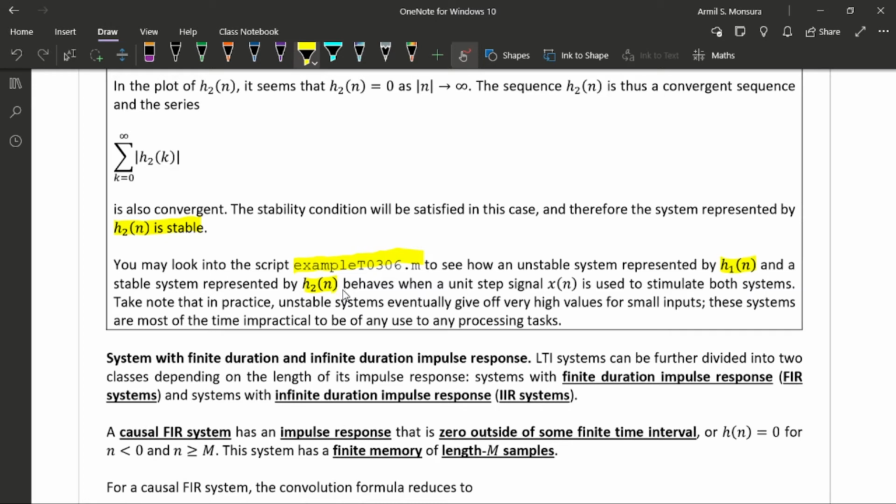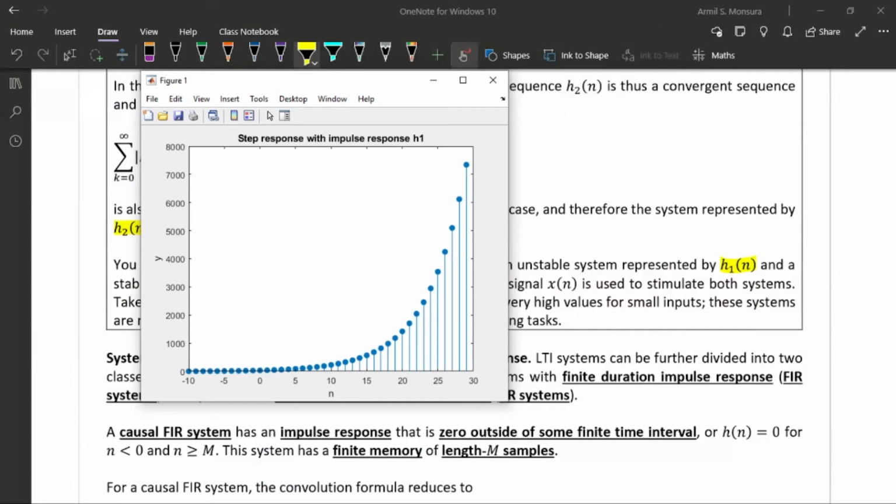We used the last part of this script, which uses numerical convolution to determine the step response of these two systems, and we will be able to generate the following plot.